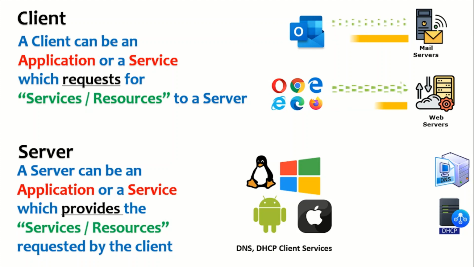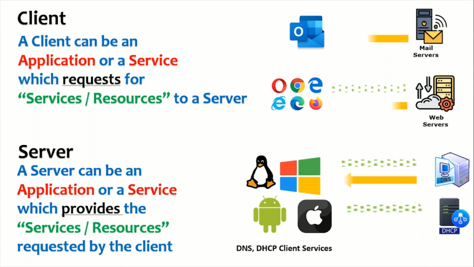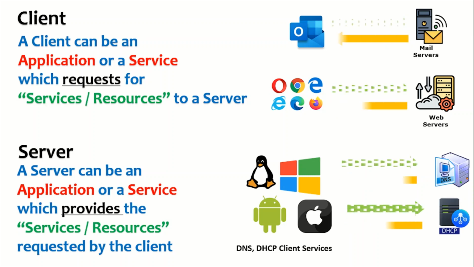These clients will request DNS as a service and will receive the name resolution. And the DHCP client service will request an IP address from the DHCP server, and it will get an IP address from the DHCP server. So this is all about a client and a server.